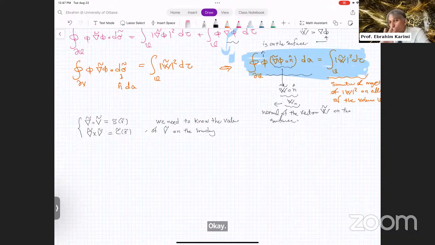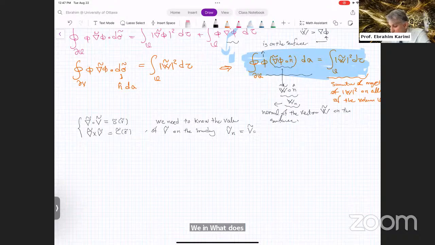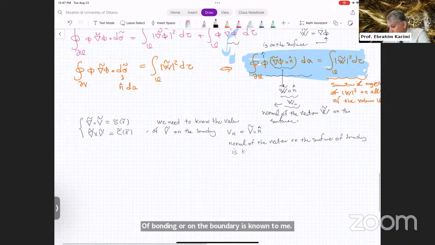Well, this is one of the choices. I'm not saying all choices. So I will say that Vn, what does it mean? It is V dot n, the normal component of the vector on the surface of the boundary, and it is known to us.